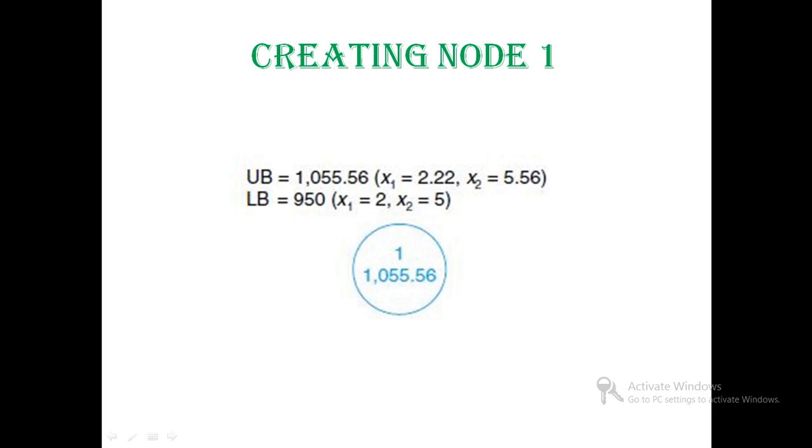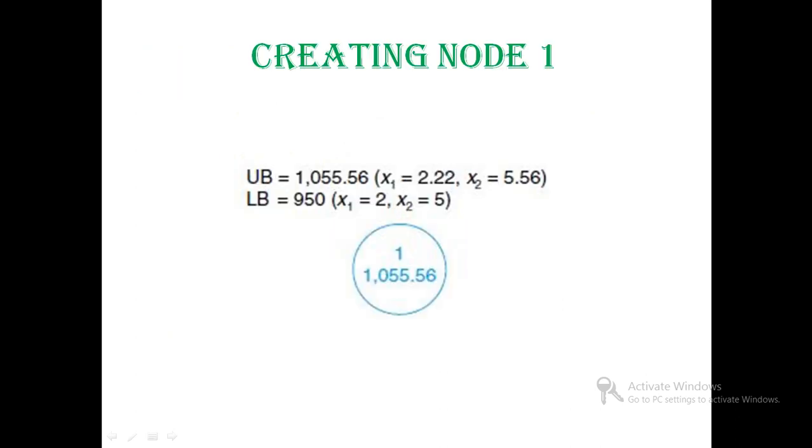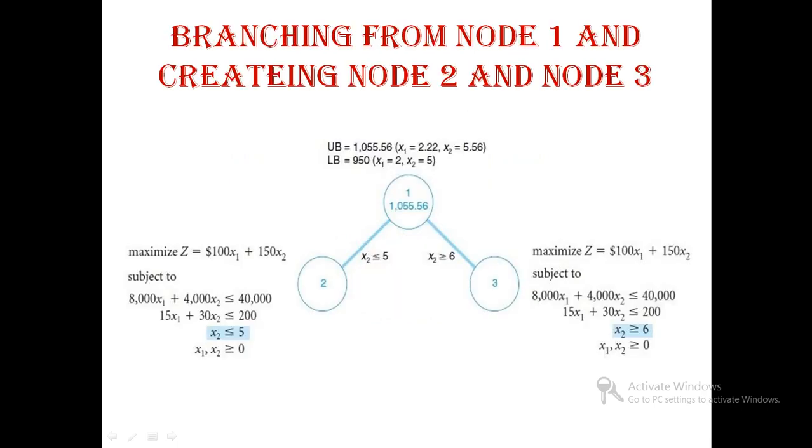Suppose for using the branch and bound method, we create a node for this problem, and in this node we write the value of the objective function. This is node 1.